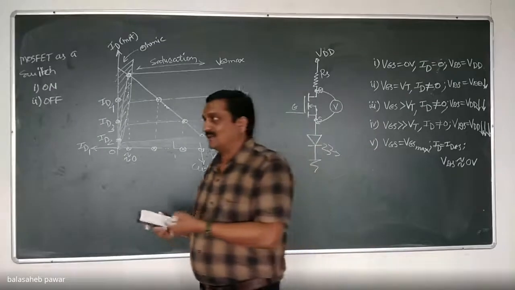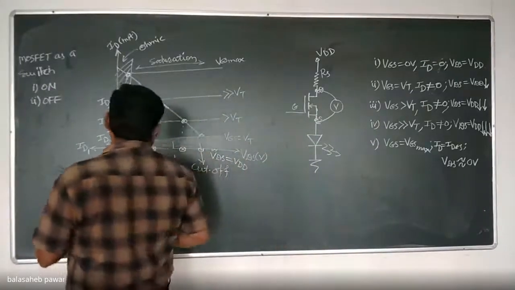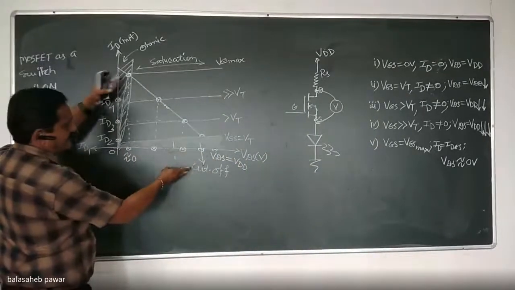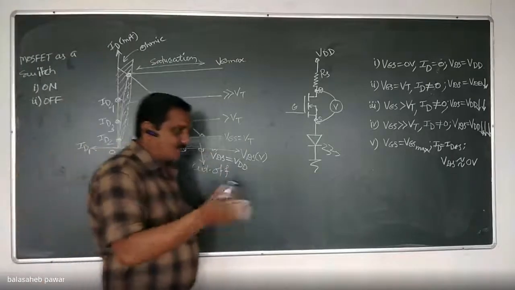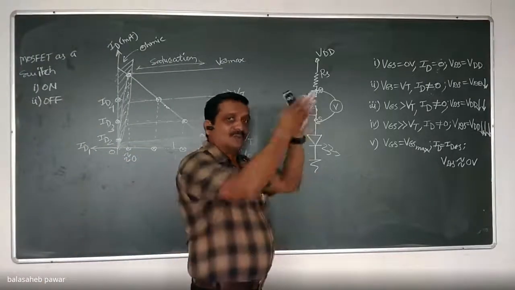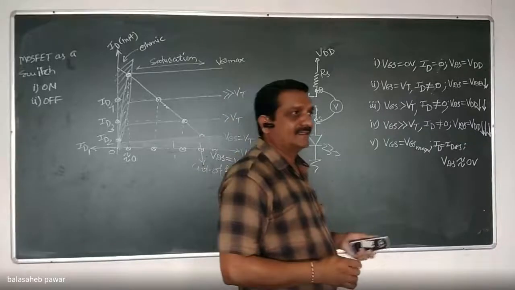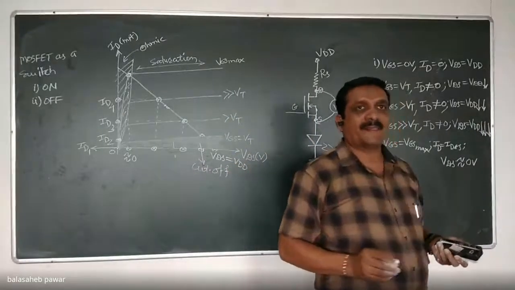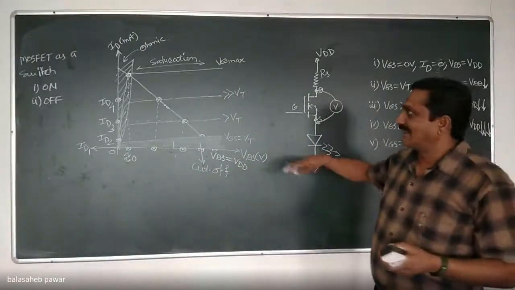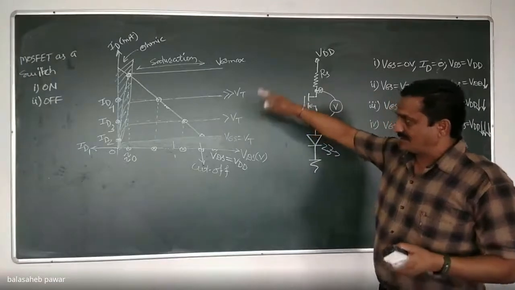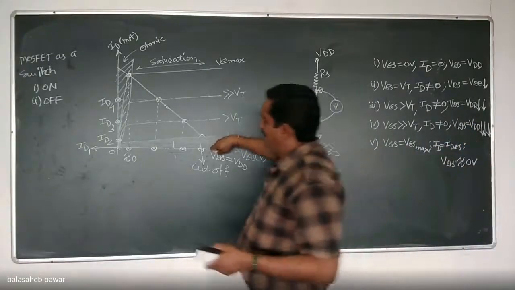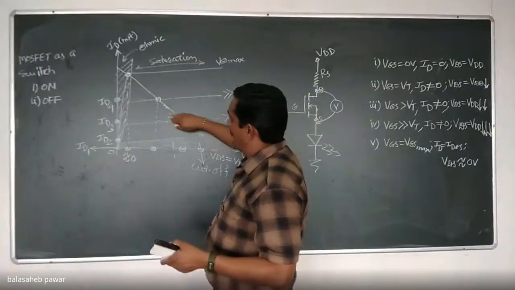Okay. Now, to force this transistor between these two regions, how can we force it either into cutoff or into ohmic? It should not remain between these two regions. Between these two regions means it should not get forced into saturation.